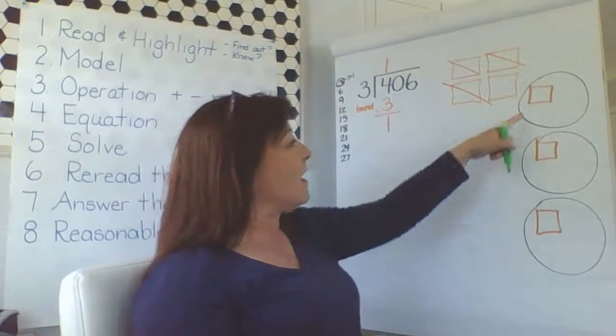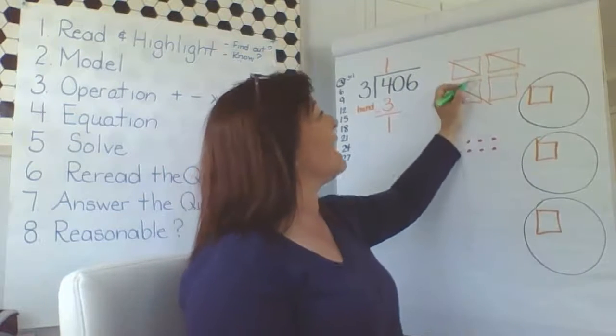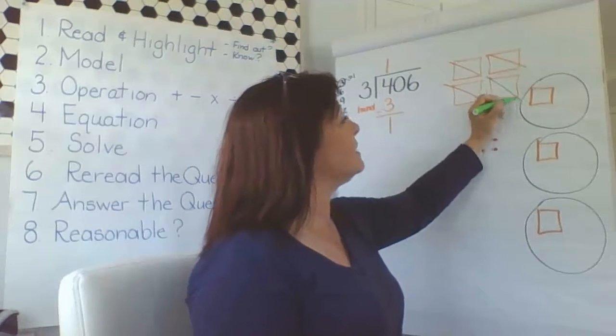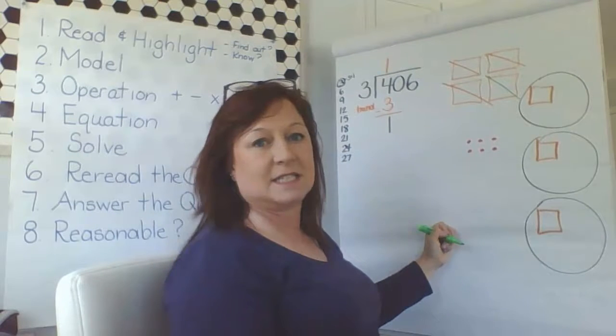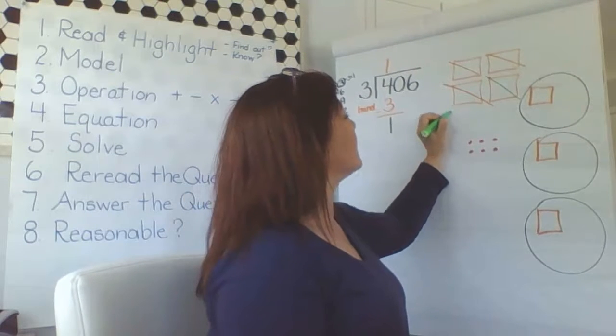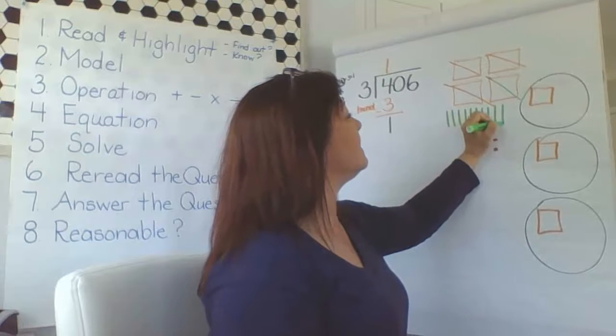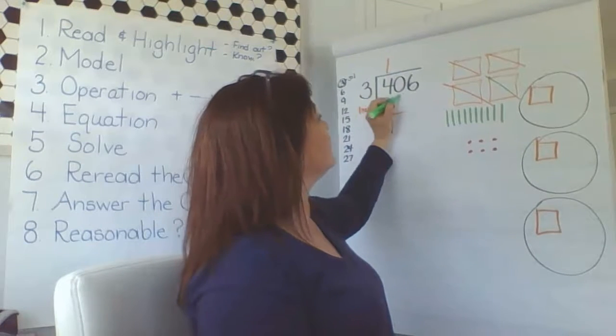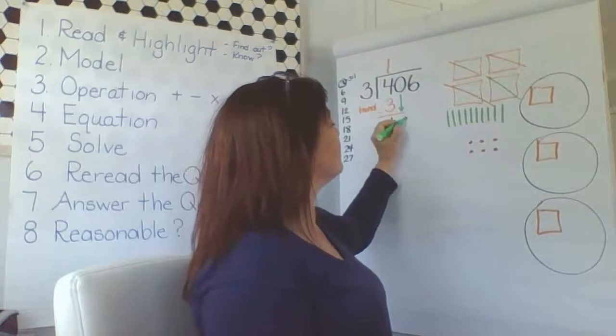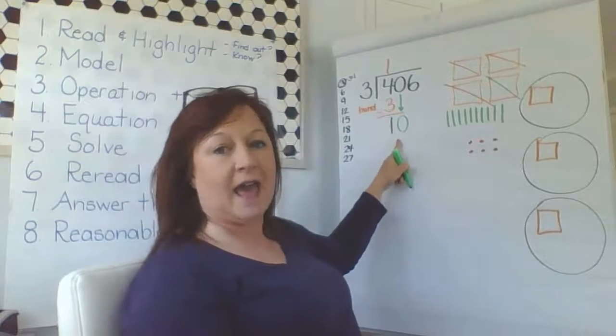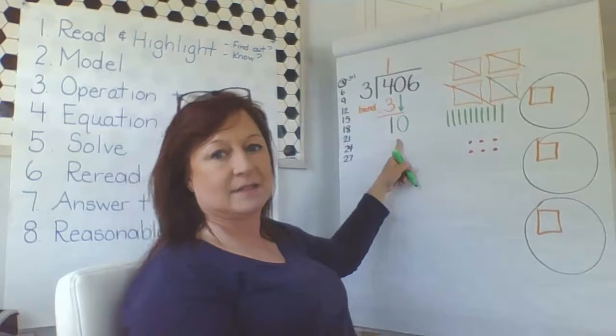Now, I have no tens, but I have to break this 100 into tens. And so that gives me 1, 2, 3, 4, 5, 6, 7, 8, 9, 10. And I bring down what I have in the tens, which is 0. So that means I have 10 tens.